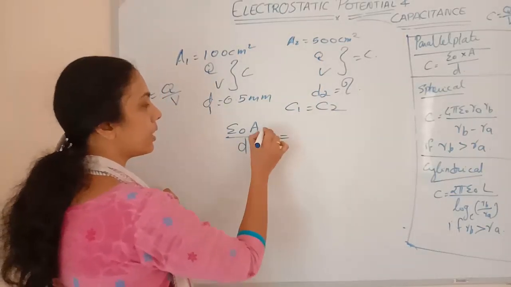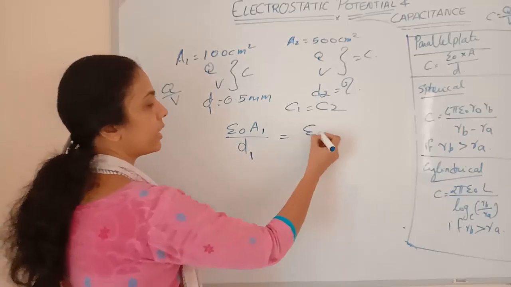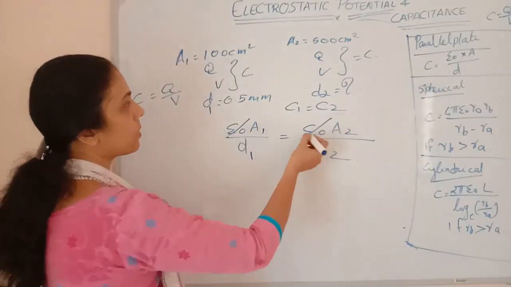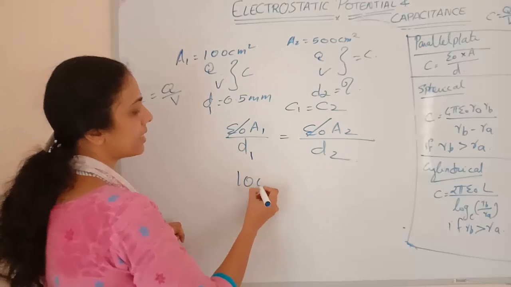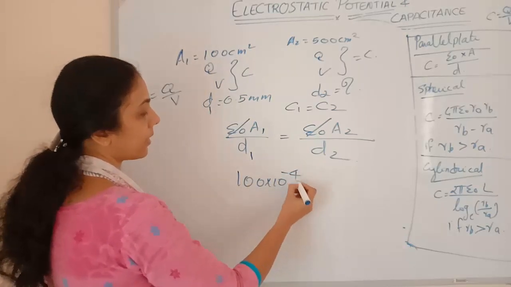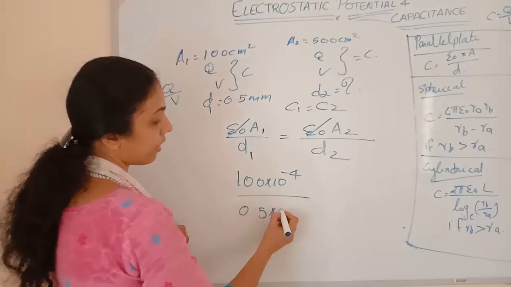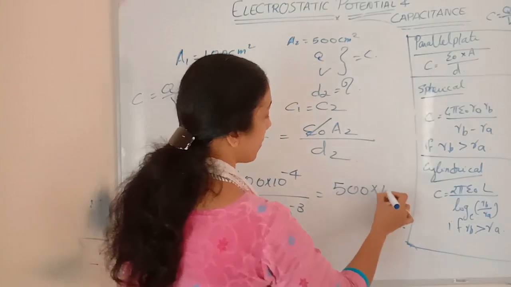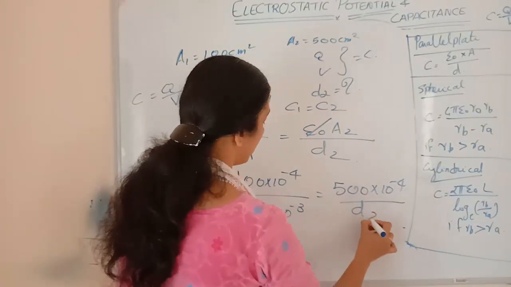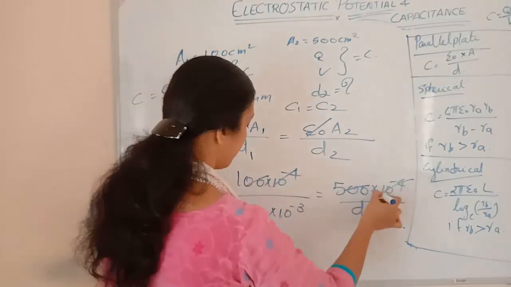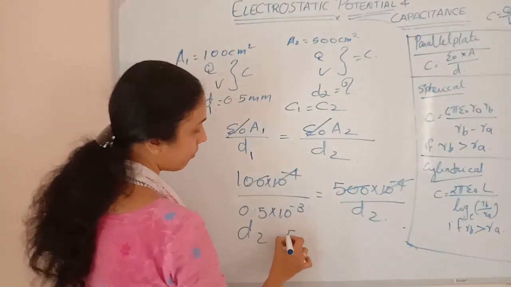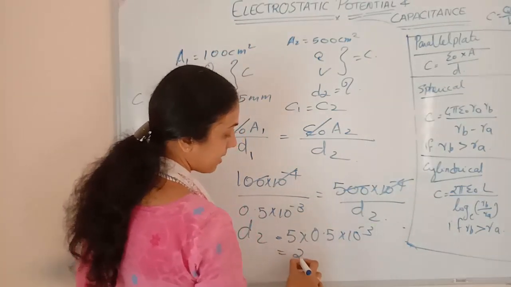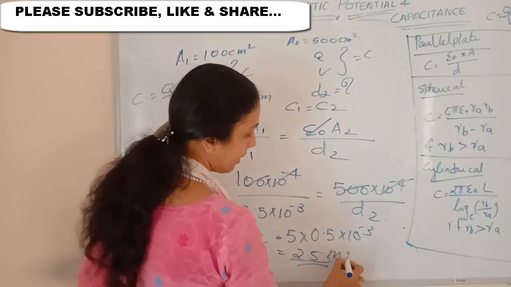So epsilon 0 A1 divided by D1 equals epsilon 0 A2 divided by D2. And epsilon 0 will get cancelled. A1 is 100 centimeters square, 10 to the power minus 4, divided by 0.5 into 10 to the power minus 3, equals A2 is 500 into 10 to the power minus 4 divided by D2. So this will get cancelled. So D2 will be equal to 5 into 0.5 into 10 to the power minus 3. So we will get the answer as 2.5 millimeter.